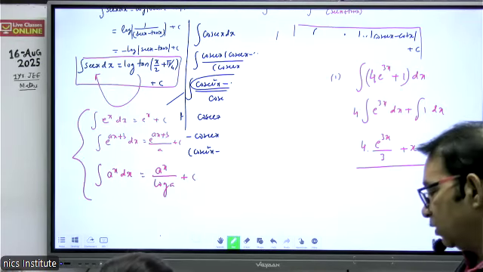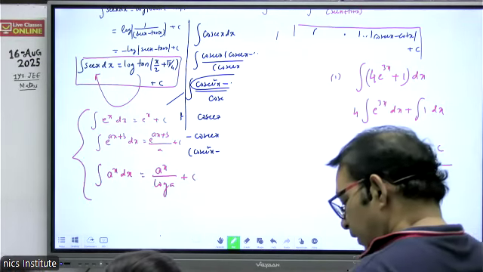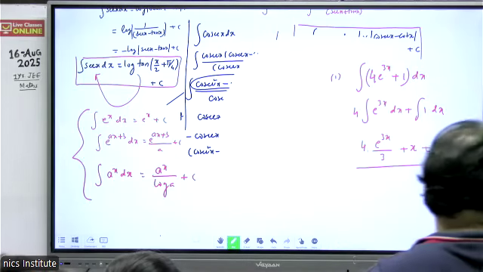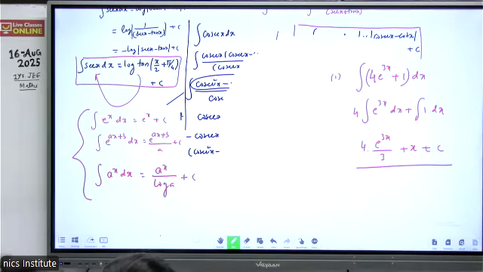In the second question, simply multiply. In the third question, simply divide. Cancel.